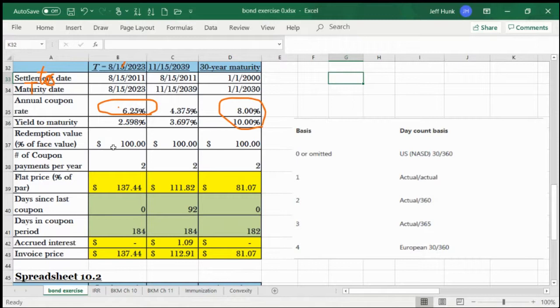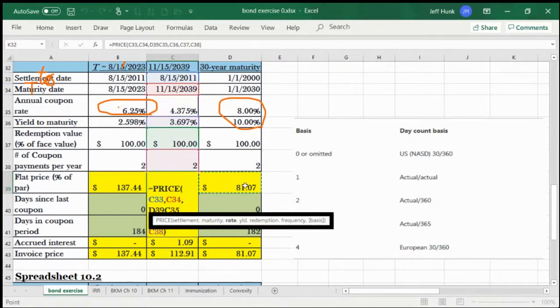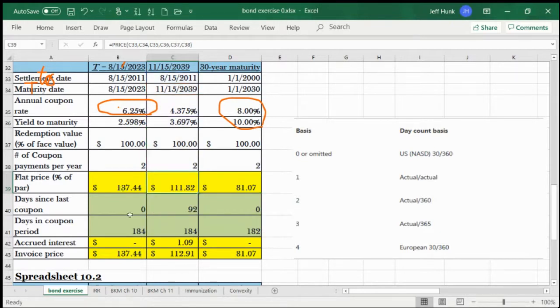But in reality, looking at this number, people would generally think, oops. Of course, you learned finance, so you would know that is not $137.